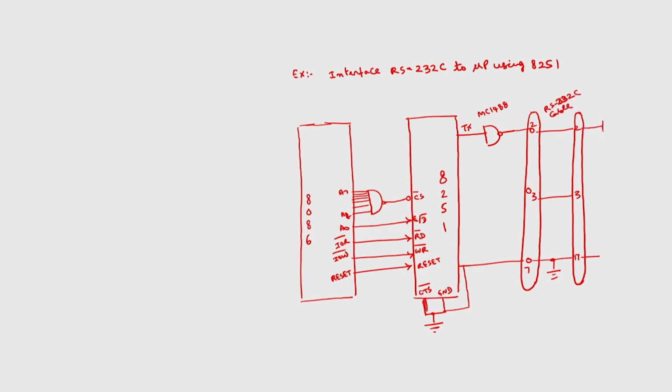Then this will again be converted for transmission to the teletype device. These are the connections between the RS-232 interface, 8251 and 8086.